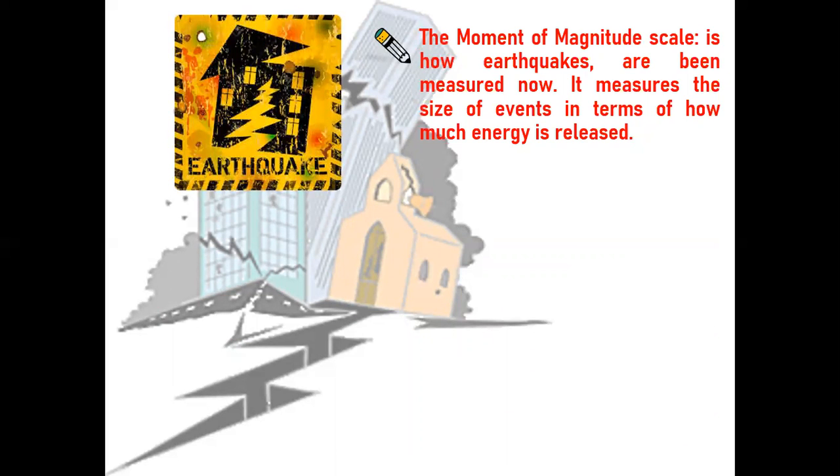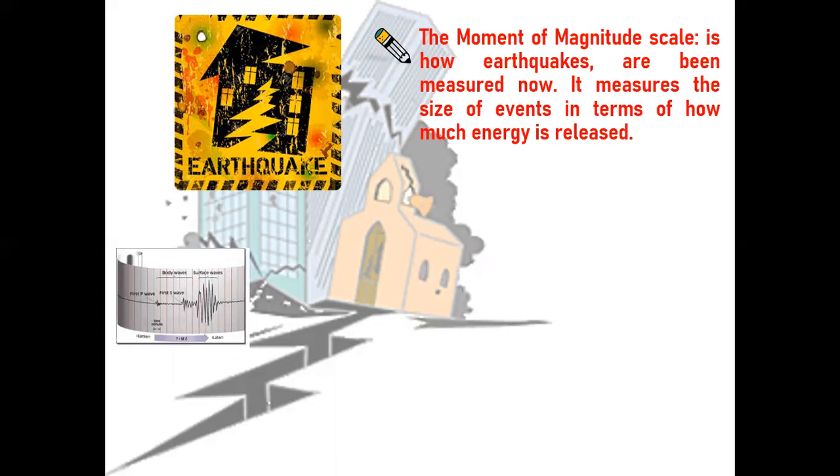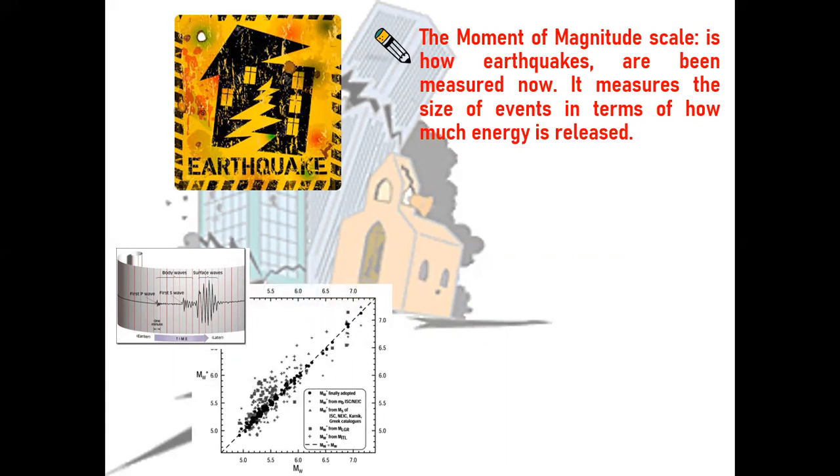But now, like I told you, we are using the moment magnitude. Okay, it measures the size of the event in terms of how much energy is released, not just when the waves were received. So it concentrates where the energy is, and you see the darker points imply that there's more energy released.